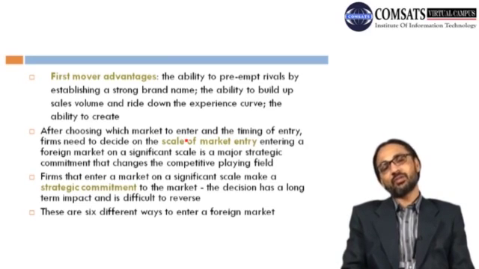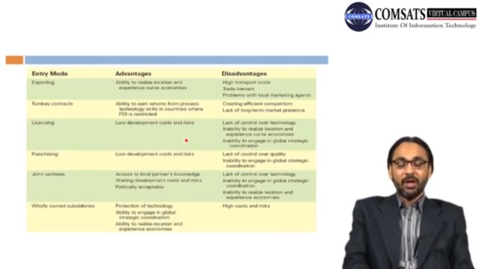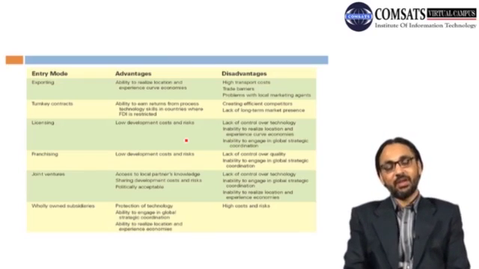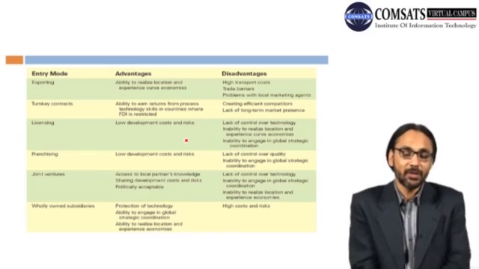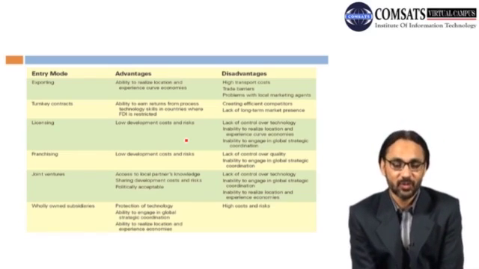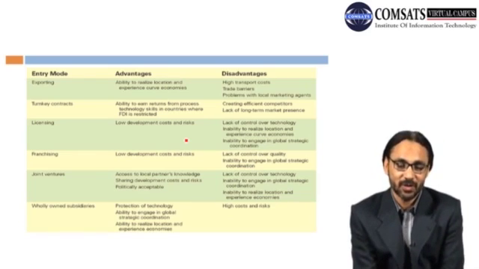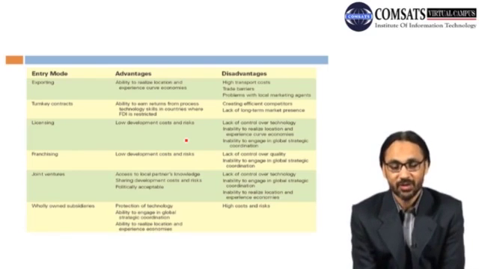Okay, the entry mode. There are six entry modes, and each mode has its own advantages, its own positive aspects, and negative aspects. For instance, exporting. The advantages of exporting are the ability to realize location and experience curve economies. The disadvantages are high transportation costs, trade barriers, and problems with local marketing agents.